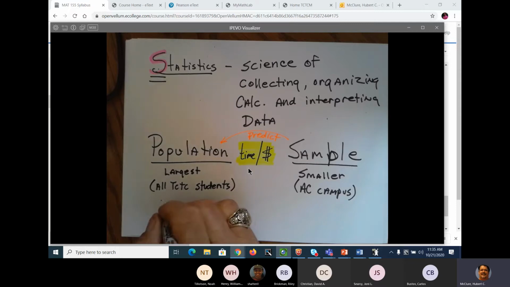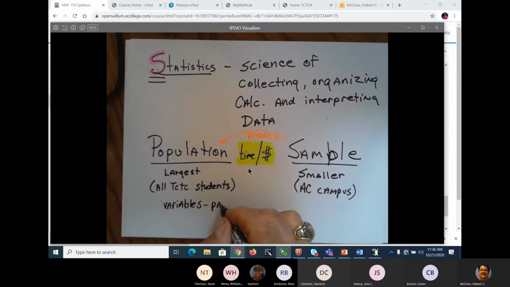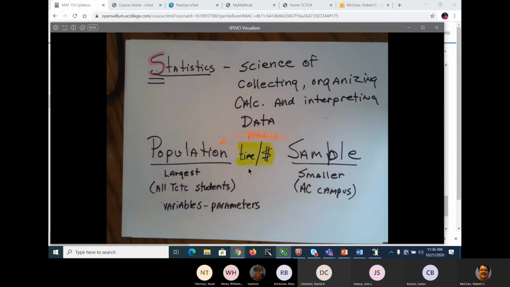And those formulas or equations use variables. The variables in the population are called parameters. And parameters are usually Greek letters.